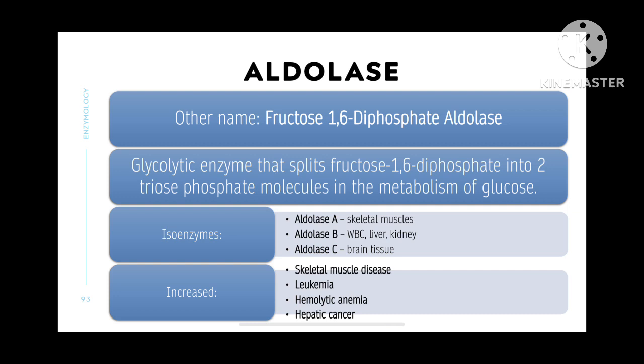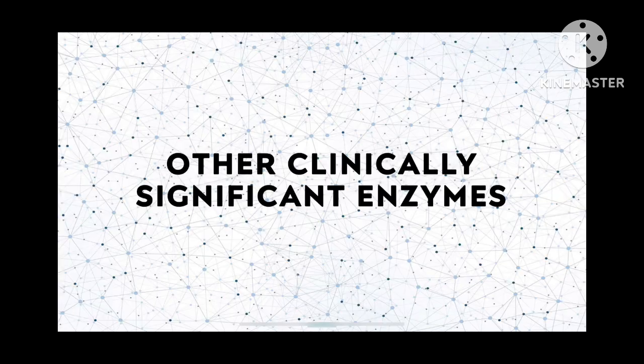The different isoenzymes for aldolase would be Aldolase A, which is found predominantly in the skeletal muscles, Aldolase B, mostly found in the WBC or white blood cells, in the liver, and also in the kidneys. And lastly, Aldolase C is predominantly found in the brain tissue.